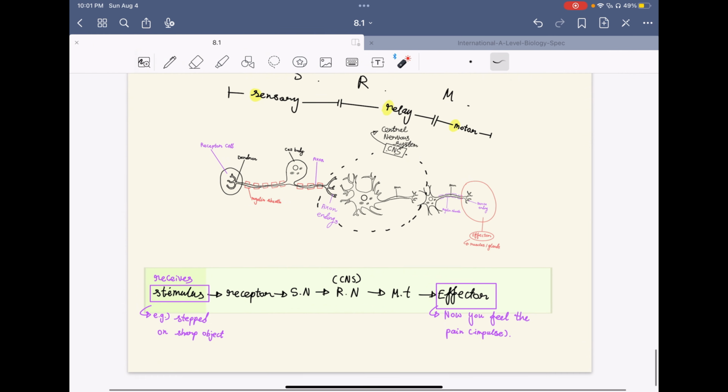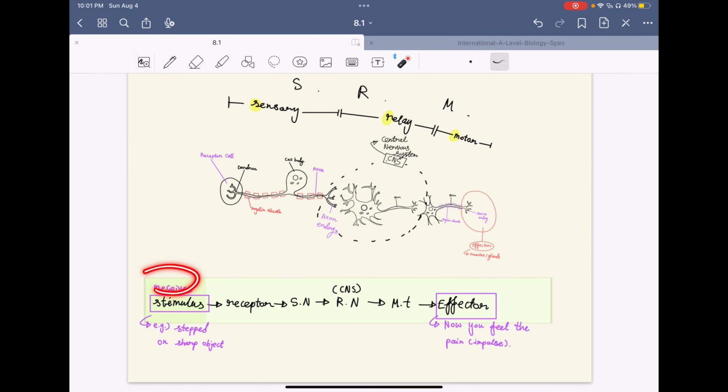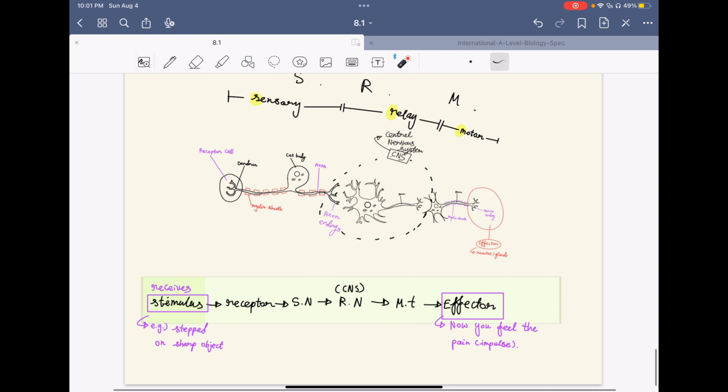But initially, we receive a stimulus by our receptor. And this receptor could be, for instance, our skin cell. So let's say I have stepped on a sharp object, then my receptor will receive that stimulus.